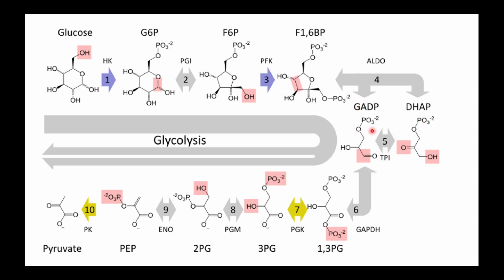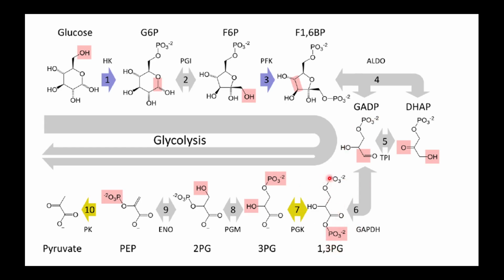So these two compounds remain in equilibrium and they can change into one another. So after this fifth step, here we get two intermediates. Then from this step, glyceraldehyde phosphate dehydrogenase converts this glyceraldehyde phosphate into 1,3-phosphoglycerate.